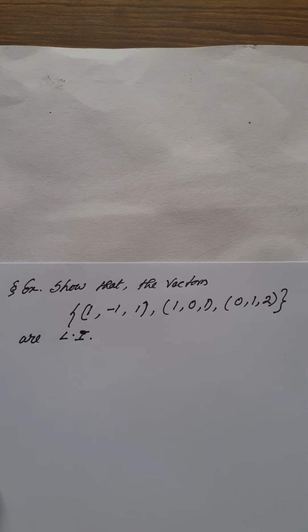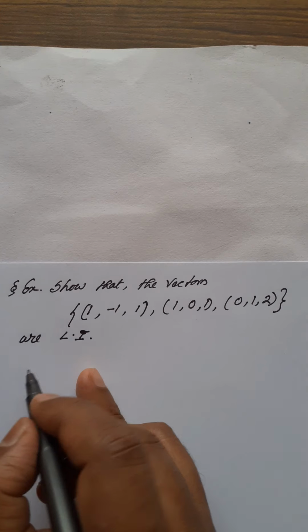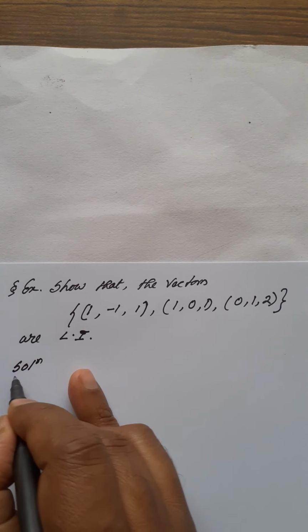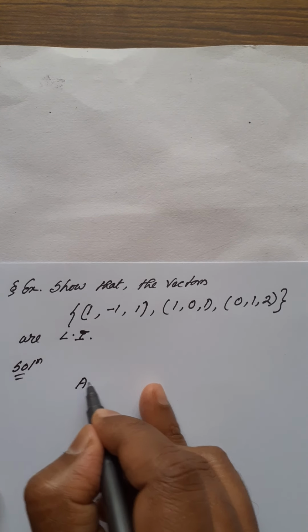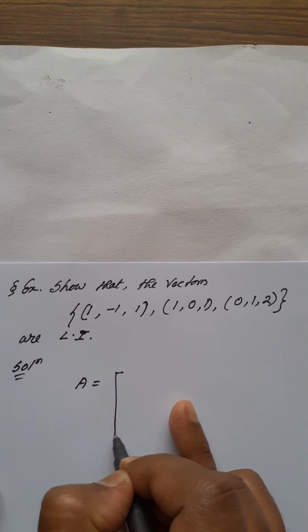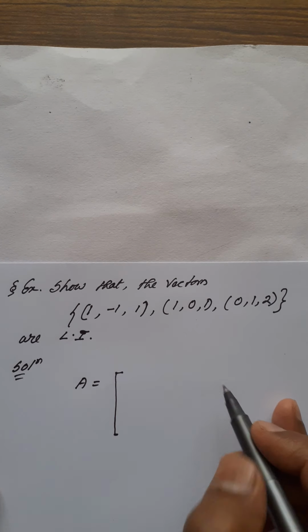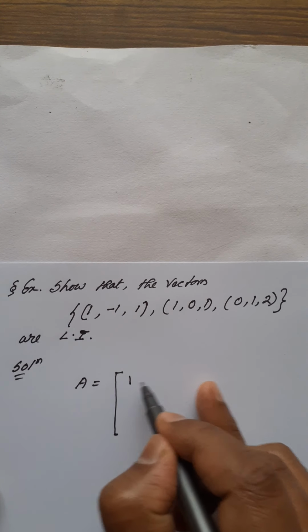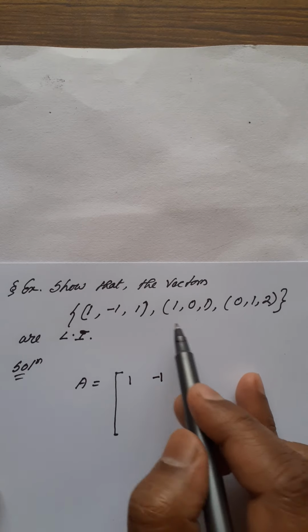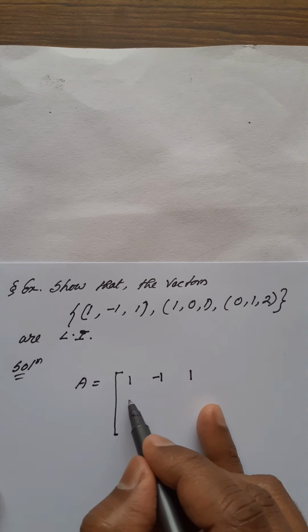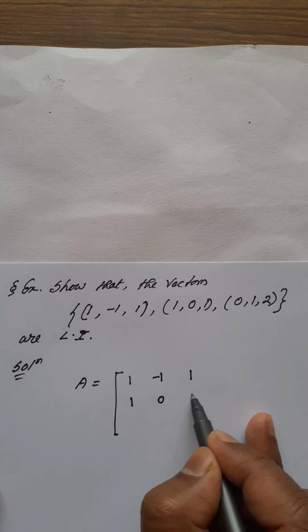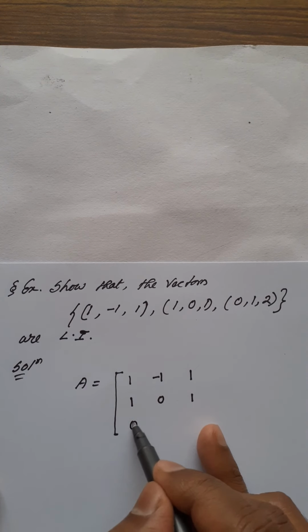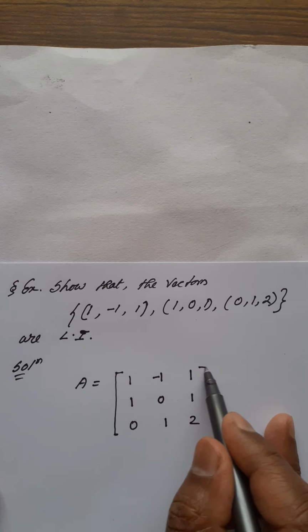Solution: we are going to form a matrix A. First step, form a matrix A with the entries of the vectors as rows. The first row is 1, -1, 1. The second row is the second vector, so it is 1, 0, 1. The third row is 0, 1, 2.